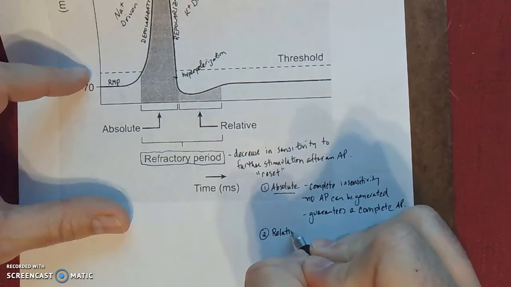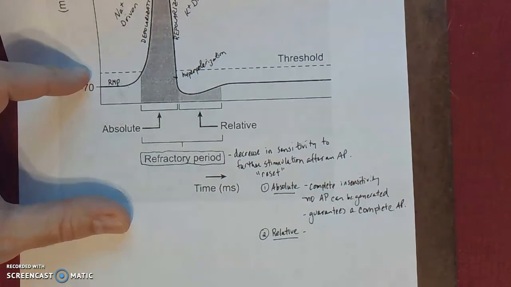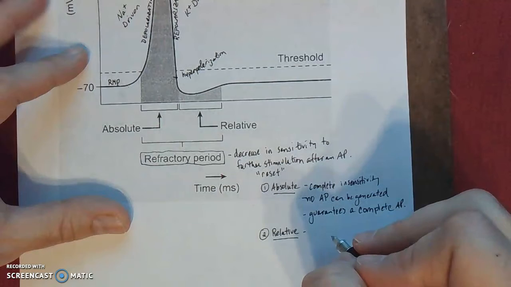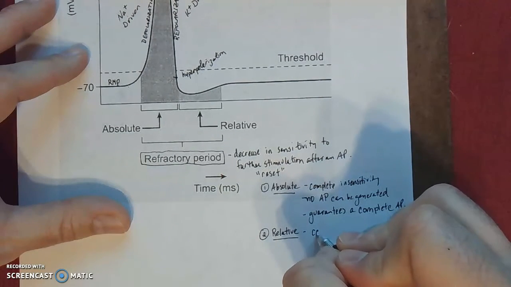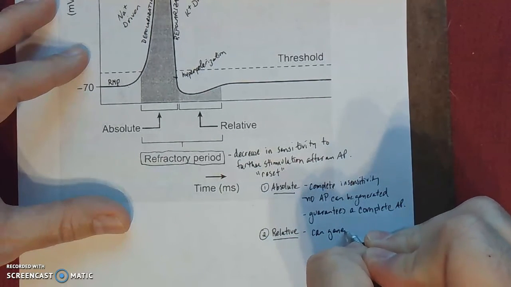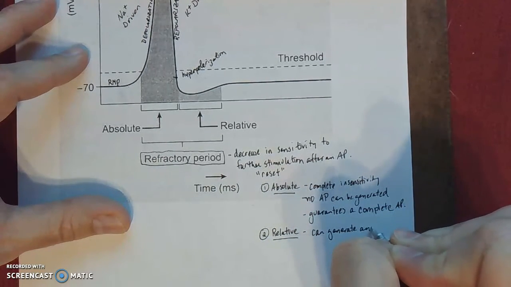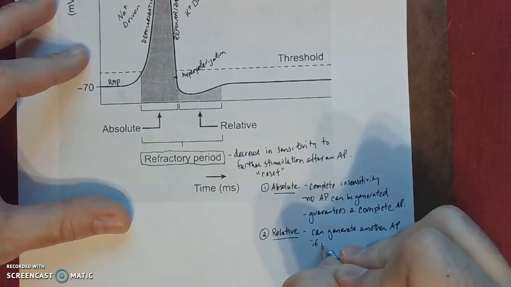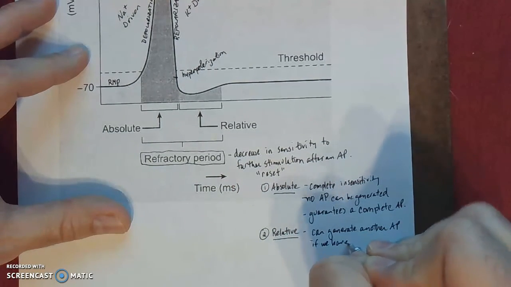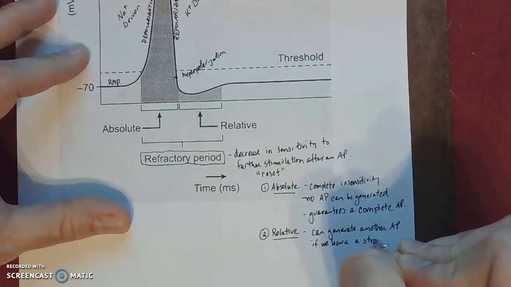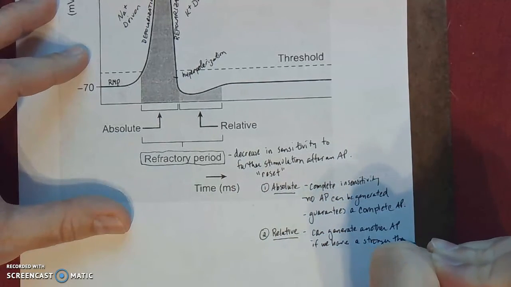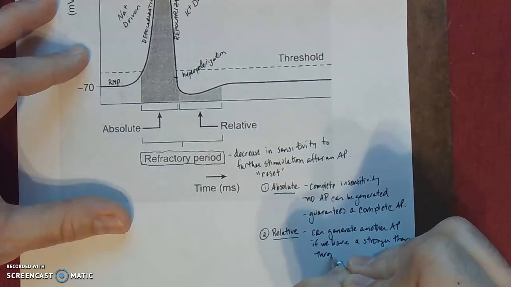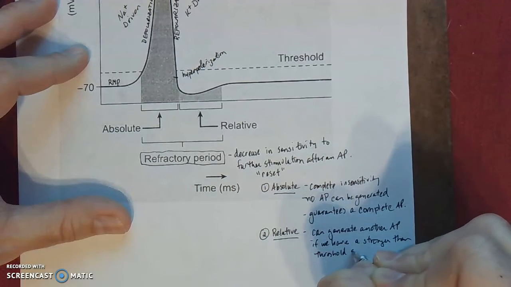The second part of that refractory period is the relative refractory period. Here we can generate another action potential if we have a stronger than threshold graded potential.